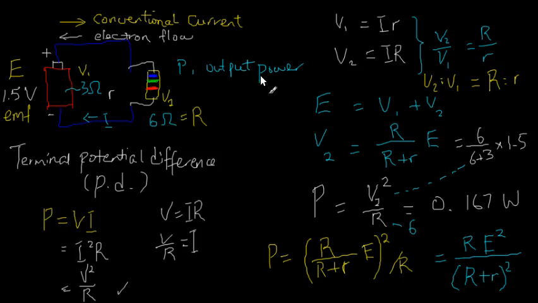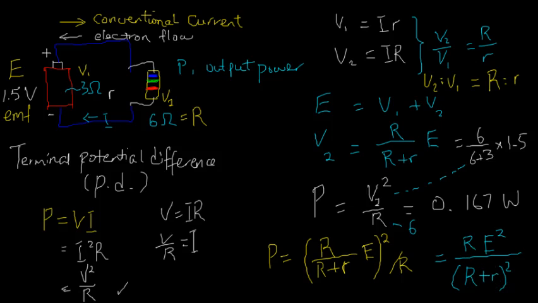So I would call this the output power. How would this output power change when the resistance changes? I could simply repeat the initial steps to find the power, or I can just substitute directly into here and use my calculator to find some answers for various values of R.